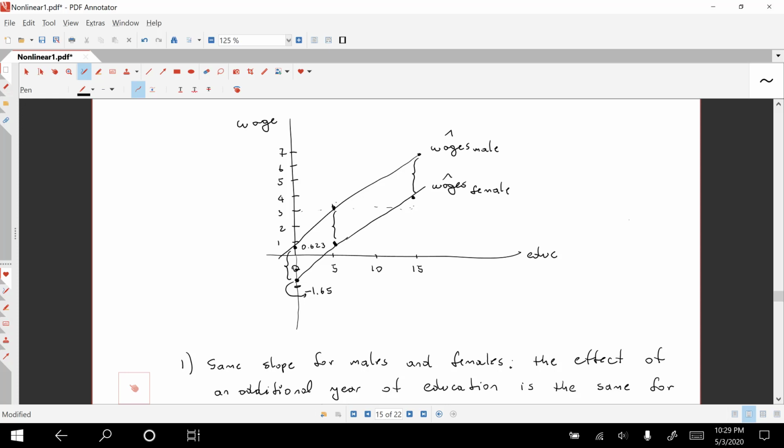The other way would be to add what are called interaction terms, but that's a topic probably for a graduate level class. So it's possible to do that. The model that we have estimated has a lot of power, but some of you might think that it's somehow limited, because the effect of an additional year of education might be different for males or females, and that's not the model that we estimated.